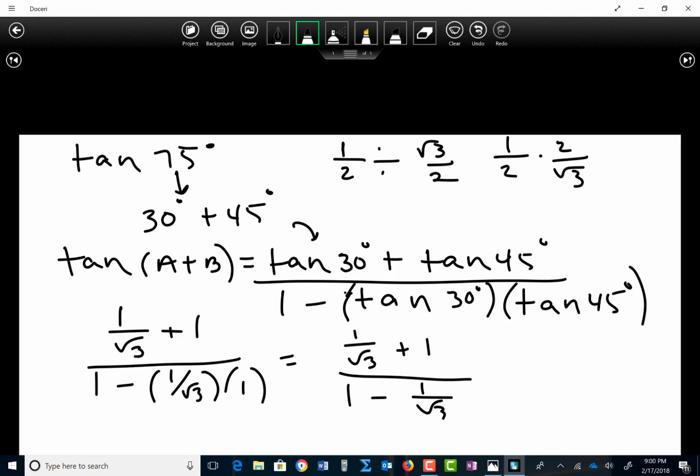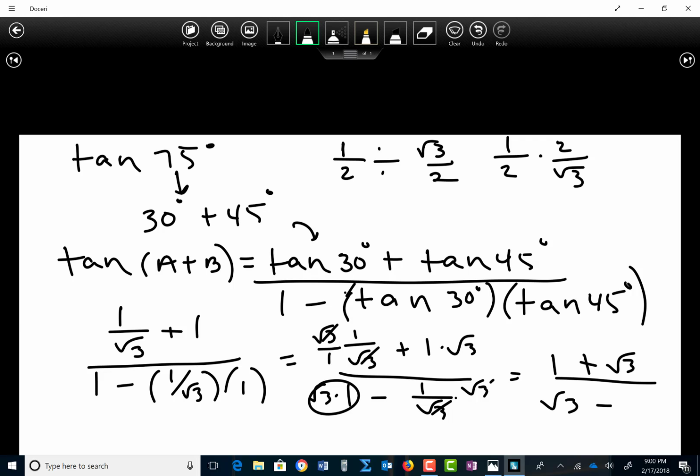So if I multiply this by square root of 3, and this by square root of 3, and this by square root of 3, and this by square root of 3, it will get rid of the square root of 3's that are in the denominators, because this is over 1, and so I can cancel. So 1 plus the square root of 3 over square root of 3 minus 1.